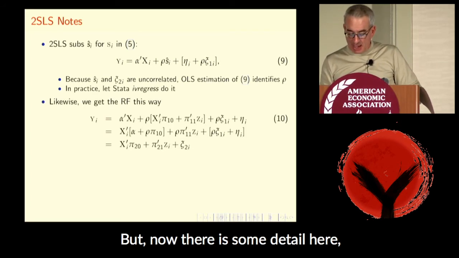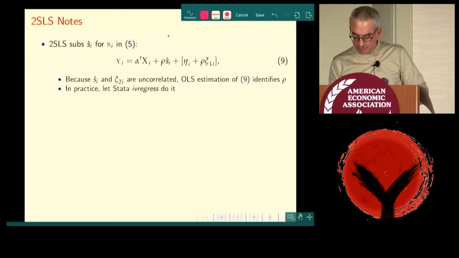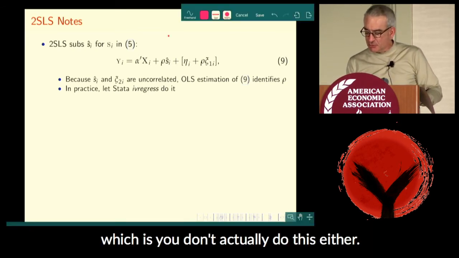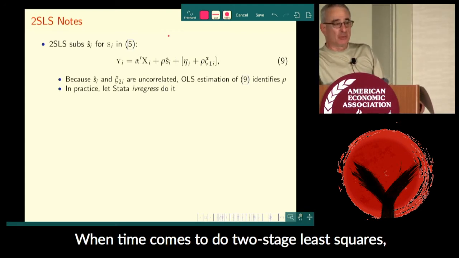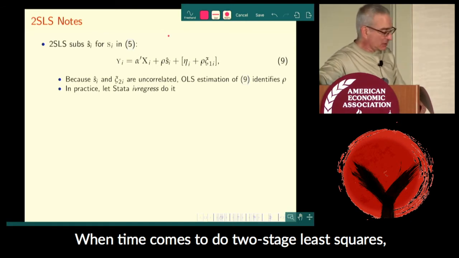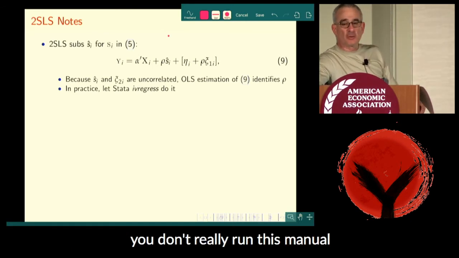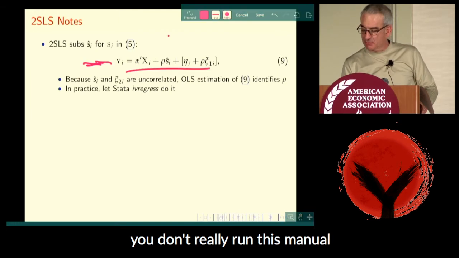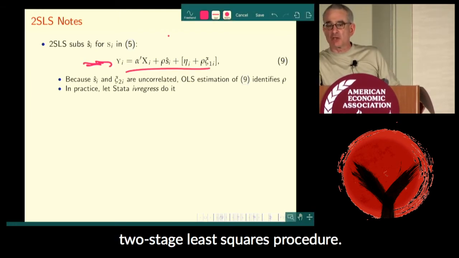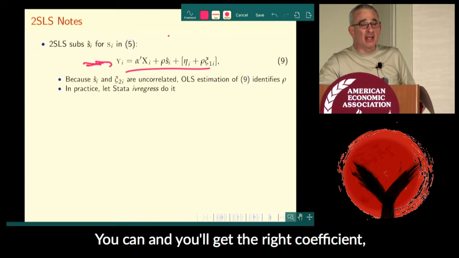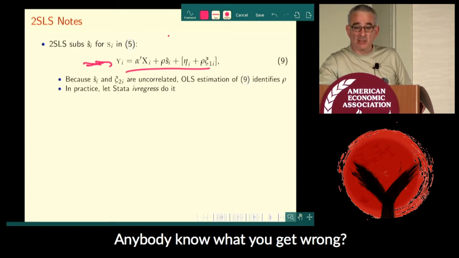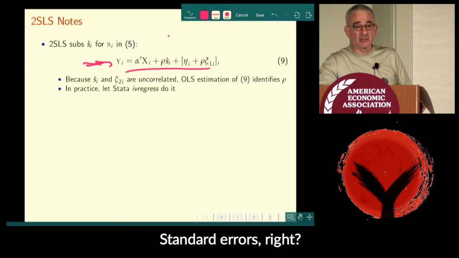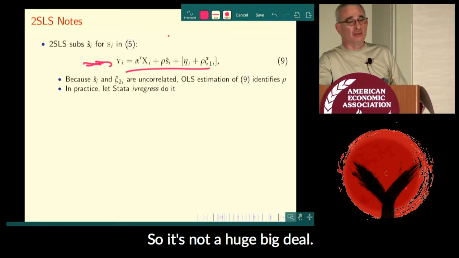But now, there is some detail here, which is you don't actually do this either. Again, this is about teaching and explaining. When time comes to do two-stage least squares, you don't really run this manual two-stage least squares procedure. You can, and you'll get the right coefficient, but you'll get something wrong. What would you get wrong? Anybody know what you get wrong? Standard errors, right? So it's not a huge big deal.